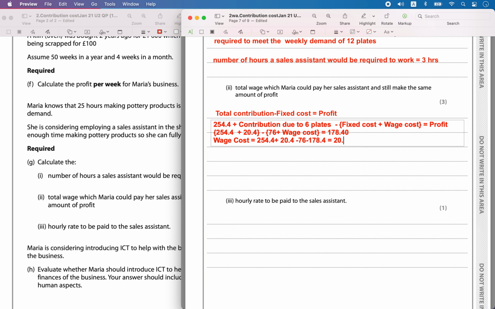So that is equal to 20.4. So 20.4 is the wage cost.